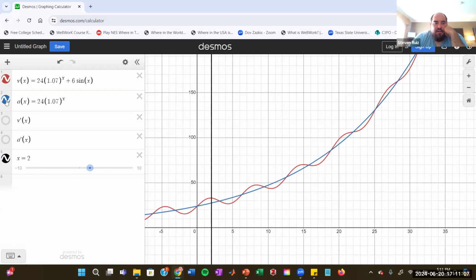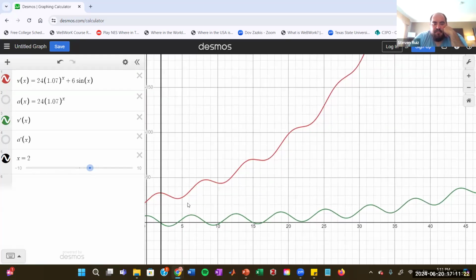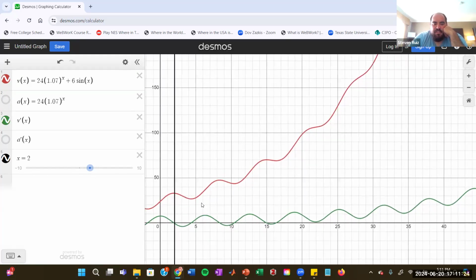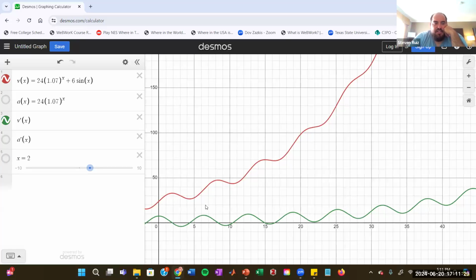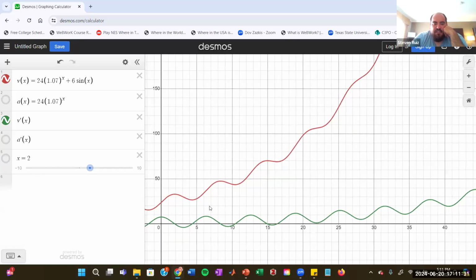So let's turn off A sub X for now. What does V prime look like? If we look at V prime, what does this derivative look like? Early on, it really doesn't make sense to look to the left of T equals 0. Let me turn off this vertical line as well. But if we look at this green graph, which is the derivative, we see that for the first 17 years or so, there are times when the value of this account decreases.